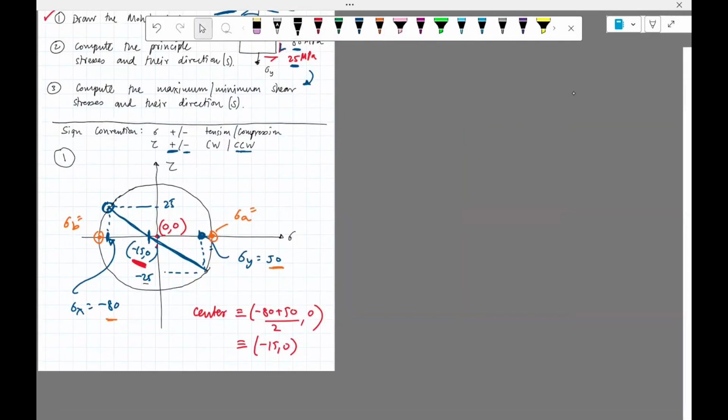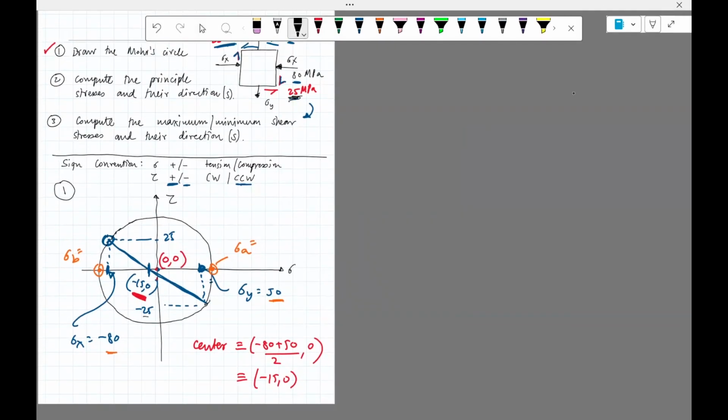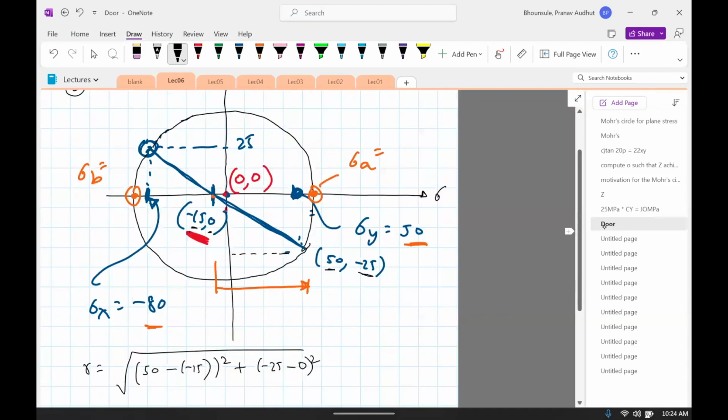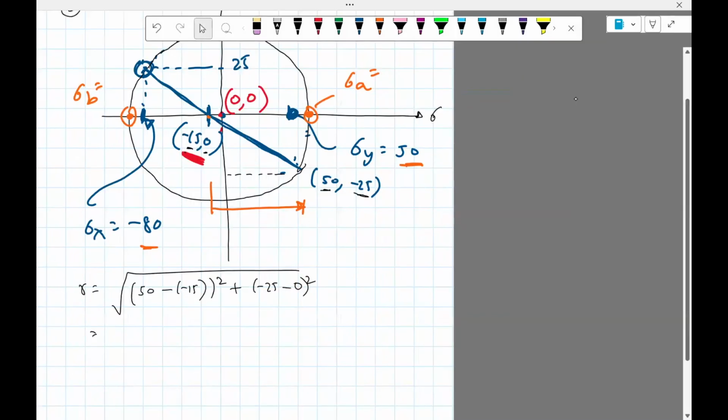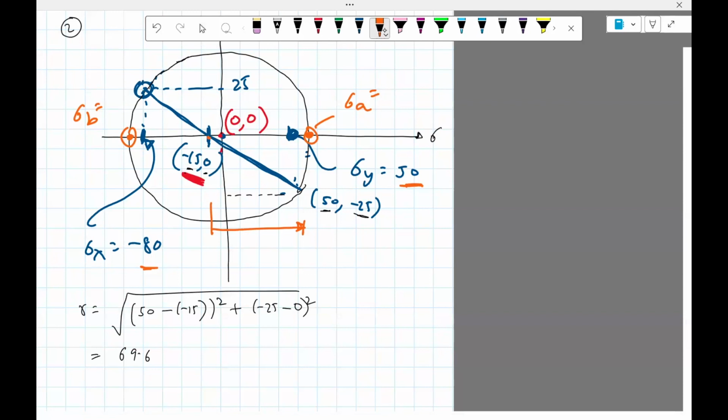It's minus 25 from this figure. This minus 25 shows up here in this coordinate. Is that clear? Yeah. So I got 69.6. So this radius is 69.6.